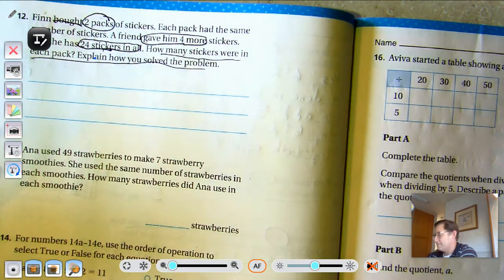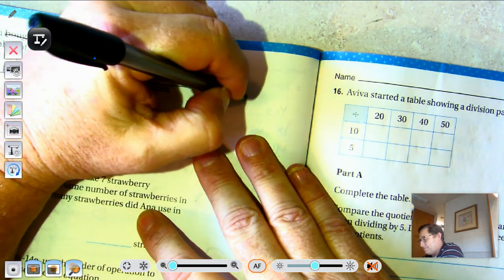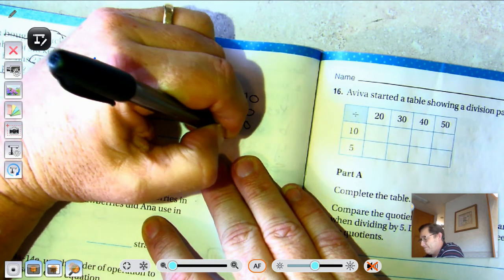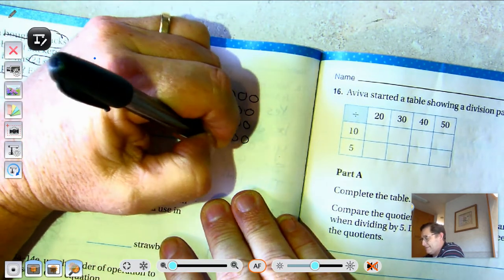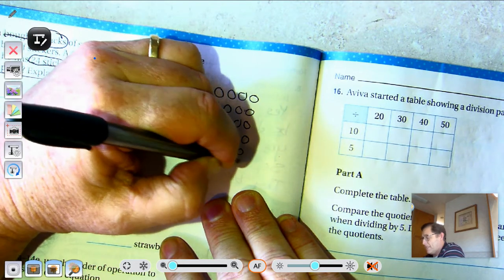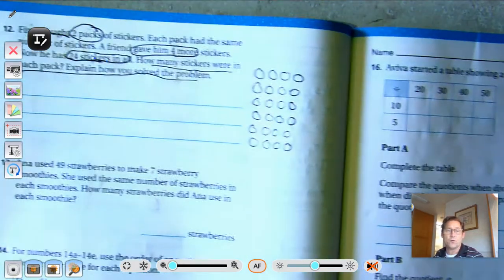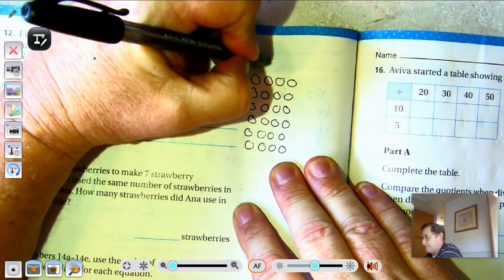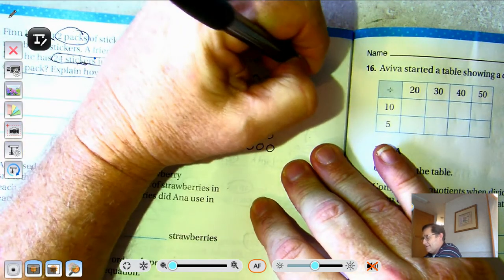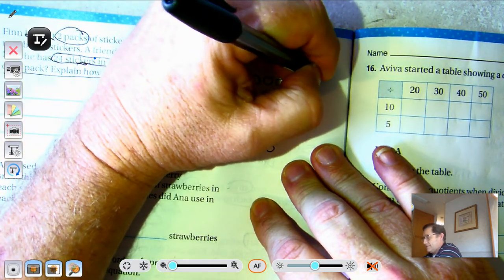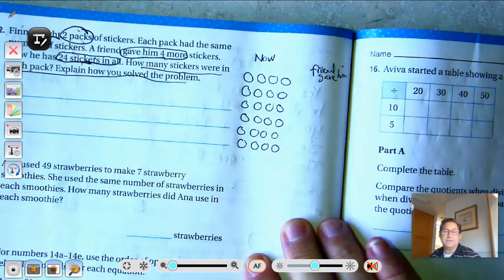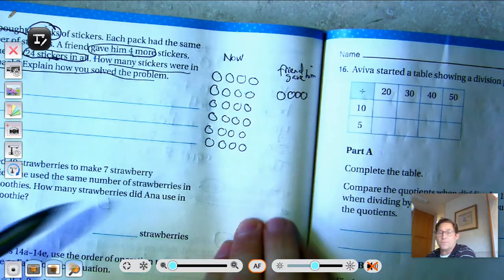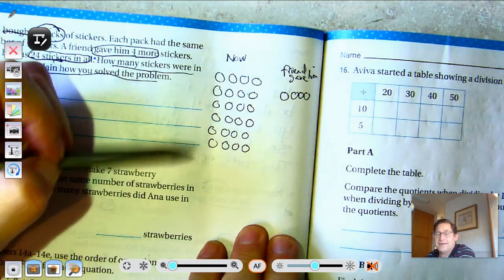So he has 24 right now. I'm going to draw 24 counters. 4, 8, 12, 16, 20, 24. So he has 24 now. His friend gave him 4. Before his friend gave him the 4, he didn't have 24.